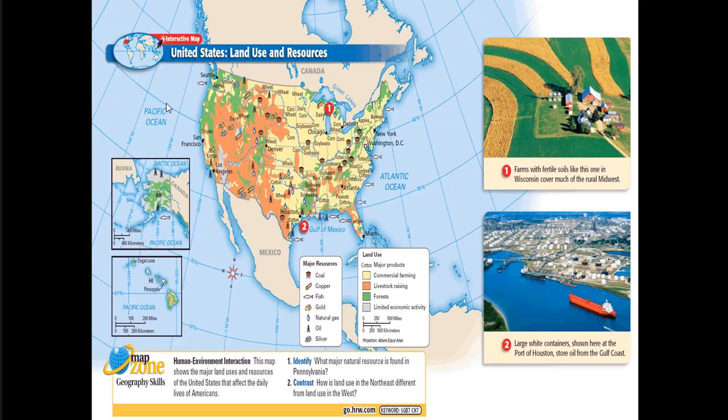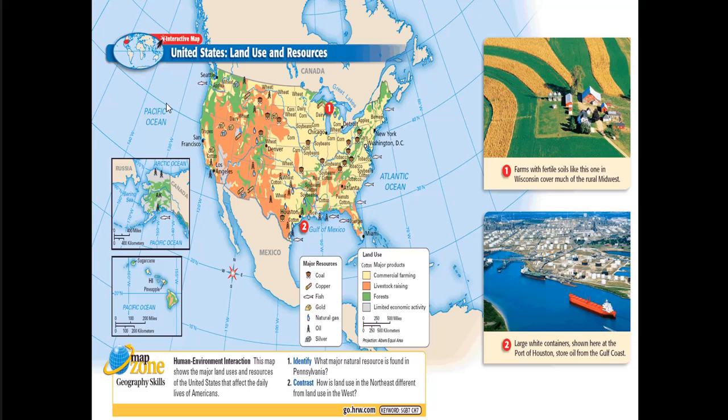Any of the yellow land is commercial farming. So you'll see that all throughout the Midwest, the center of the country. And then also on the East Coast, there is a lot of commercial farming. Right next to it is livestock raising, and that happens a lot in the West.